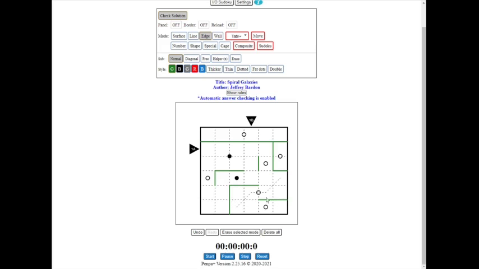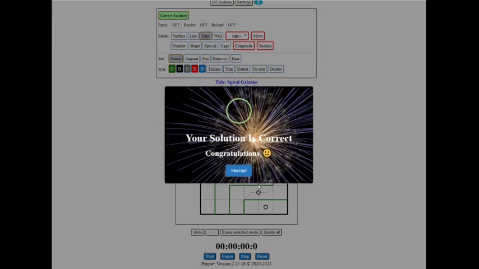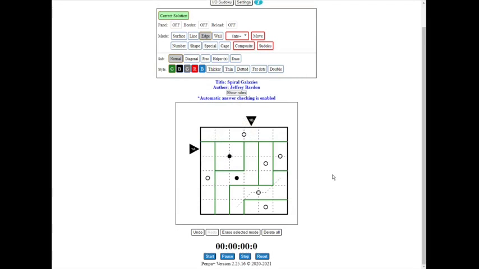This is now an edge, and we can step through the rest of this puzzle pretty quickly, as it just resolves itself, all by looking at cells that can only be reached by one point. That's usually enough for a Spiral Galaxies puzzle, but it won't always be, and sometimes there are more advanced deductions, where if a cell is taken by a dot, then it cuts off another cell from being reached by anything, or chains through, and we'll see a little bit of that in the next puzzle.